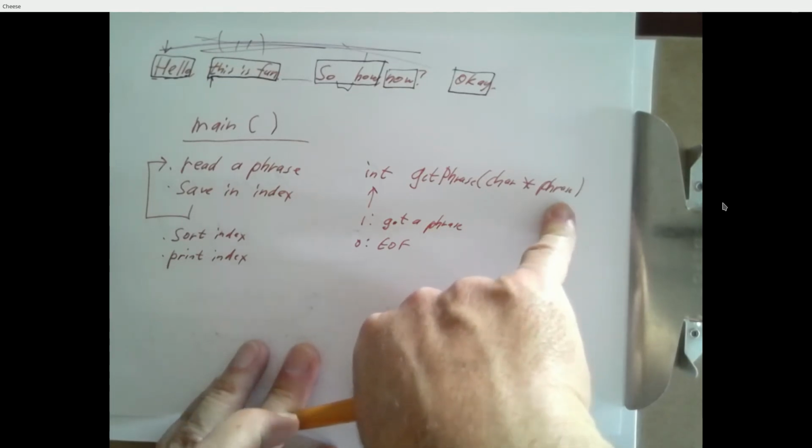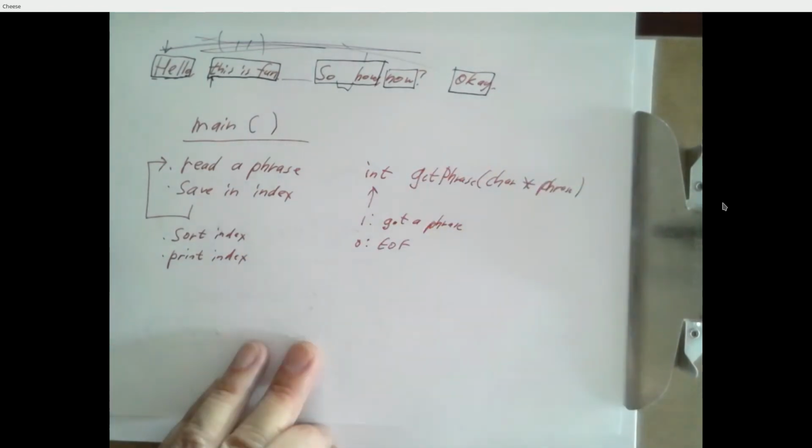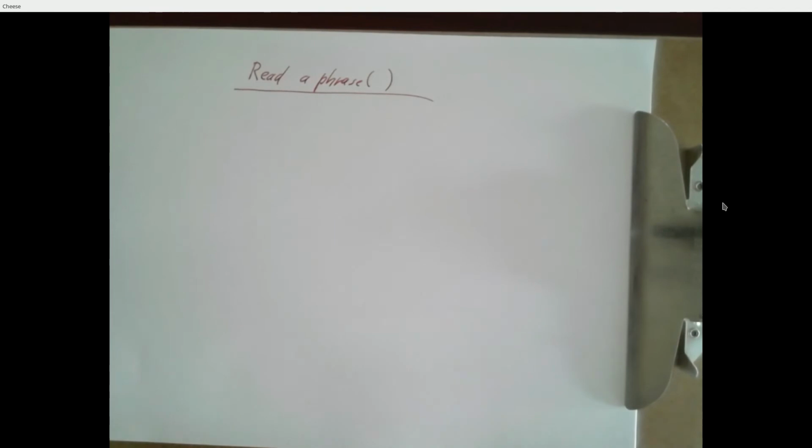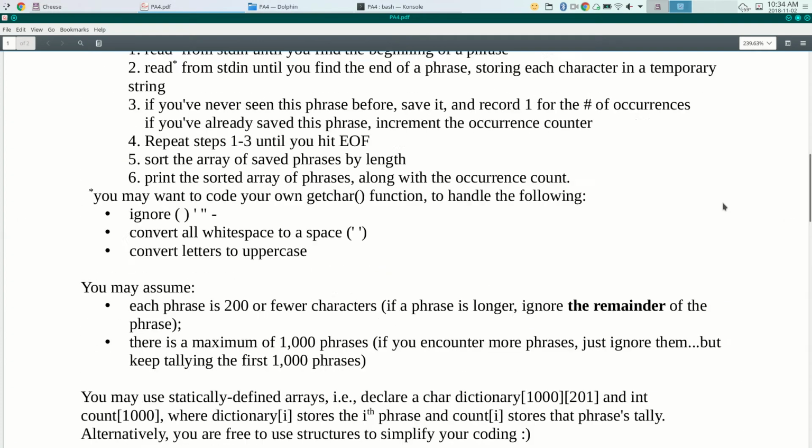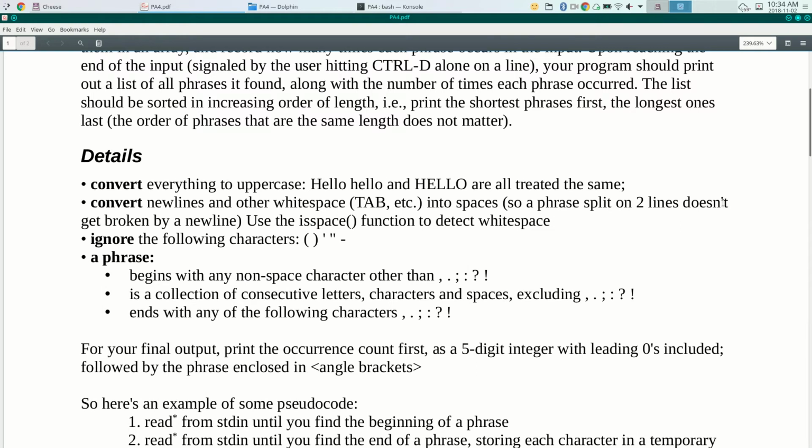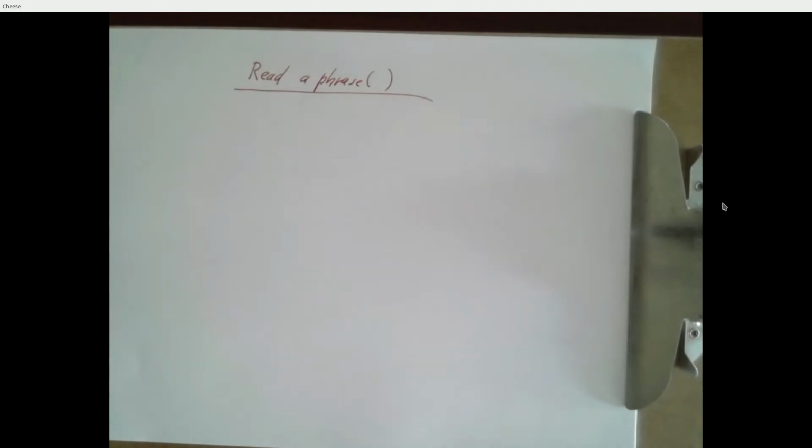So if I make my phrase array, 200 some, I can just pass that to my getPhrase code. So phrase begins with a non-space character other than punctuation. It's a collection of consecutive letters, and then ends with a phrase ender.